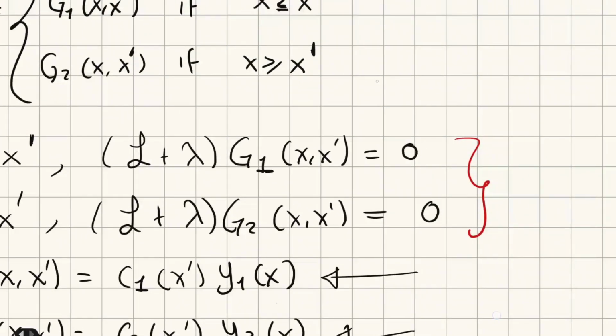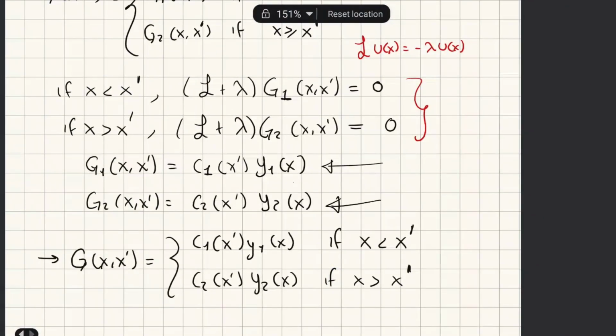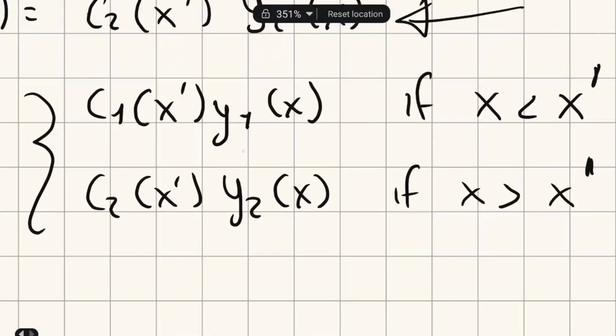Remember that that equation is of the form L u of x equals minus lambda u of x. Okay? So we see here that the green function 1 and the green function number 2 satisfy this structure. That means that these pieces, y1 and y2, are also going to satisfy the boundary conditions of the Sturm-Liouville problem.